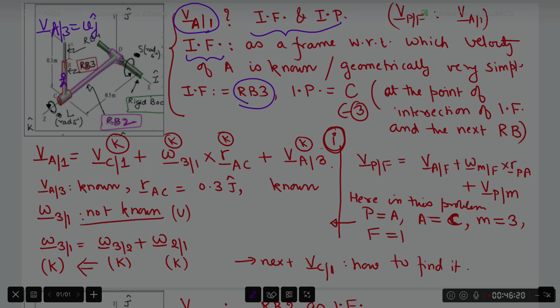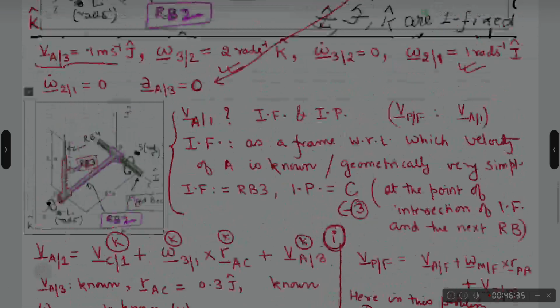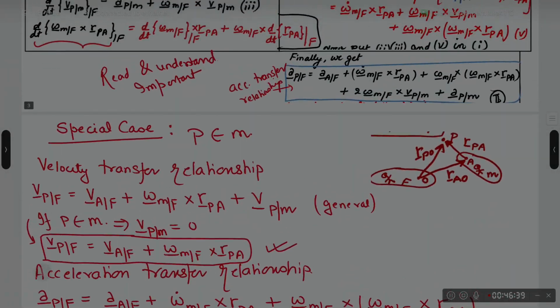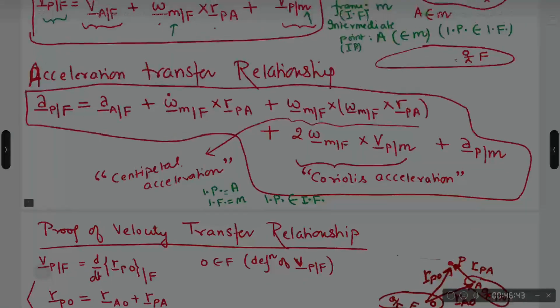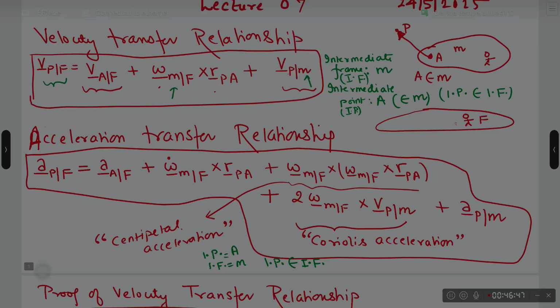But then, having chosen an IF, I should also choose an IP, intermediate point, so that I can utilize the velocity transfer relationship that we derived earlier. To remind you of what IF and IP I am talking about, let me go here and show you. See, I was saying that I want to find VPF.